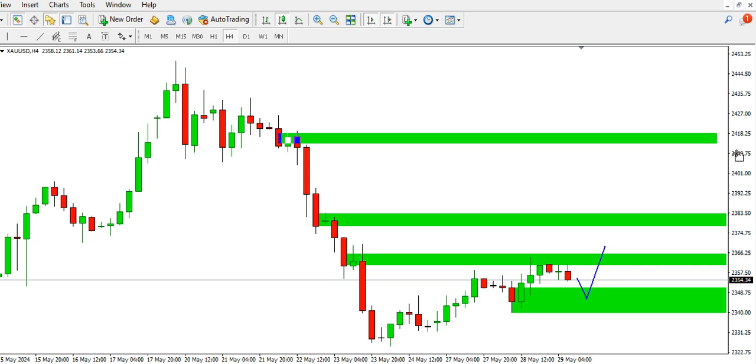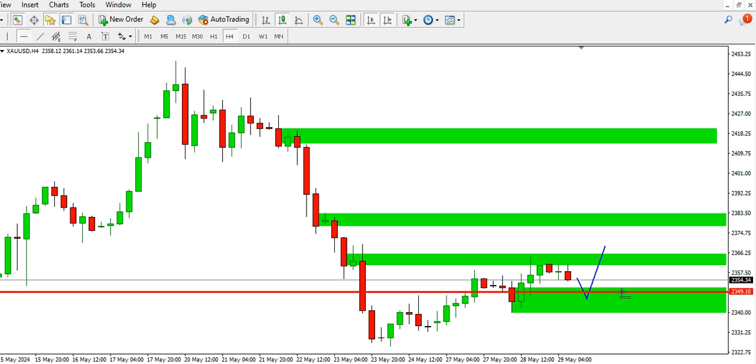So if price is going to continue up, if price is able to find support at 2350 and we see a break of this structure, price might meet with supply or resistance at the 2380 level.